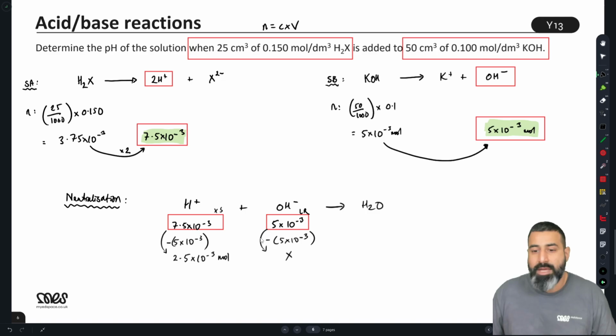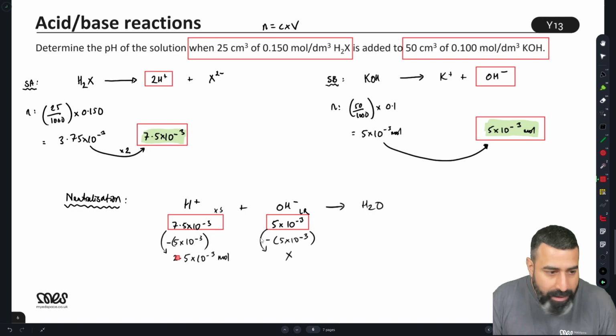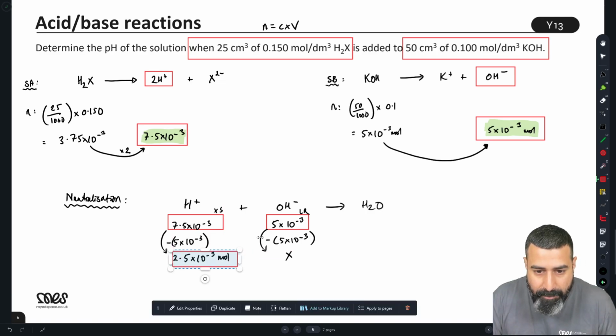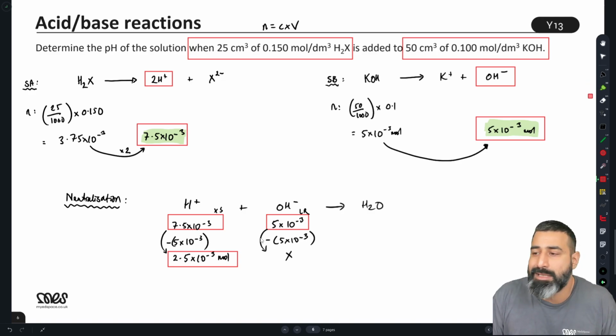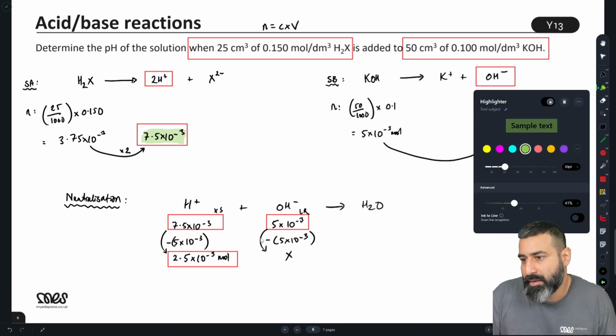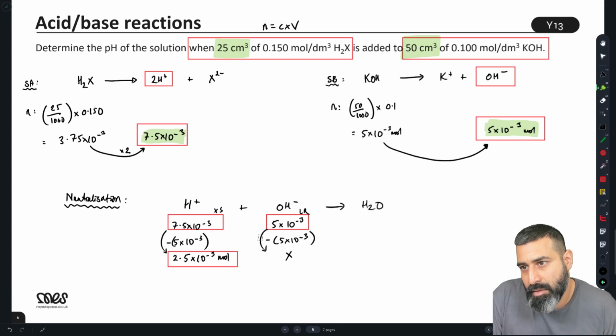Okay, so then where do we go next? I know my acid is in excess. Great. Let's put a box around that. There we go. So now I need to determine the concentration of H plus ions. And when I'm determining the concentration, I now have 2 volumes added together.